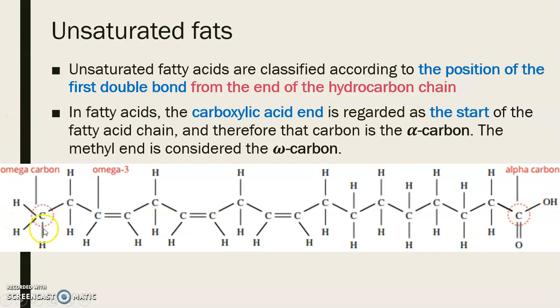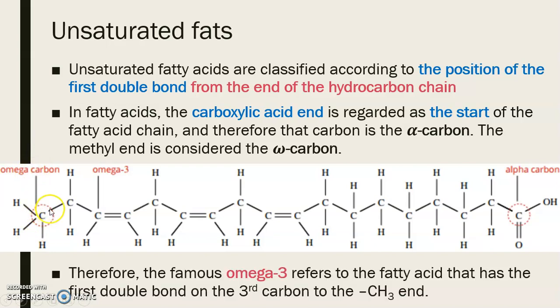The other end, the methyl group end, we call the omega end. But interestingly, when we try to name unsaturated fatty acids, we actually count the first double bond from the methyl group end, the omega end, to name this entire fatty acid chain.